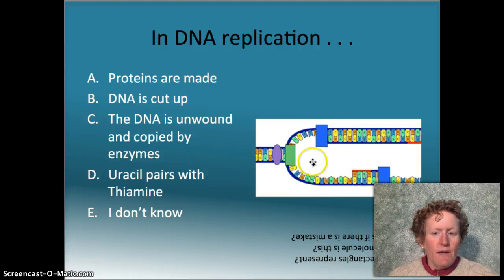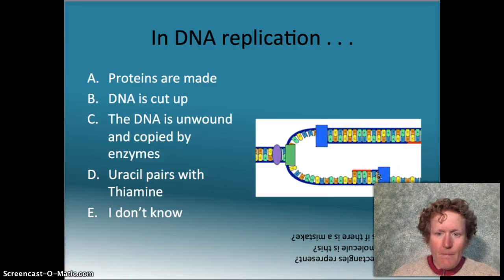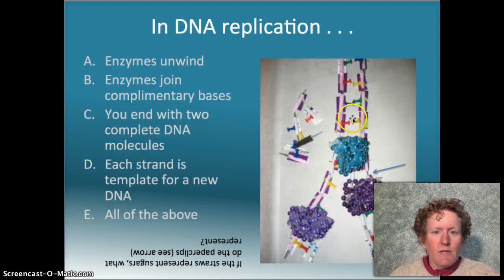If this was RNA, if this was transcription, only RNA would be coming out here. But this is replication because 2 double-stranded molecules are being created. The DNA is unwound and copied by these blue rectangles that represent enzymes. In DNA replication, enzymes join complementary bases.